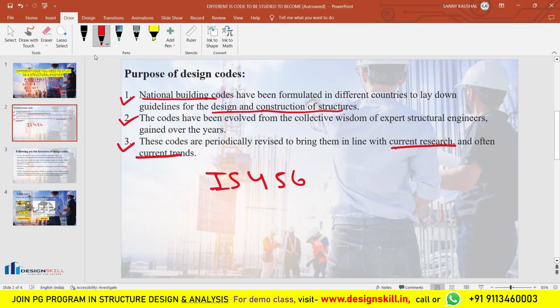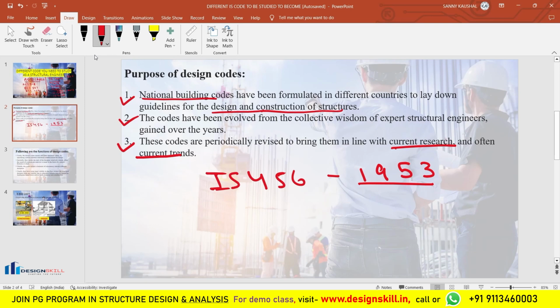The first time this code was published was in 1953, when expert structural engineers contributed to the foundation of this code. All the guidelines related to that time were given in the IS 456 code.